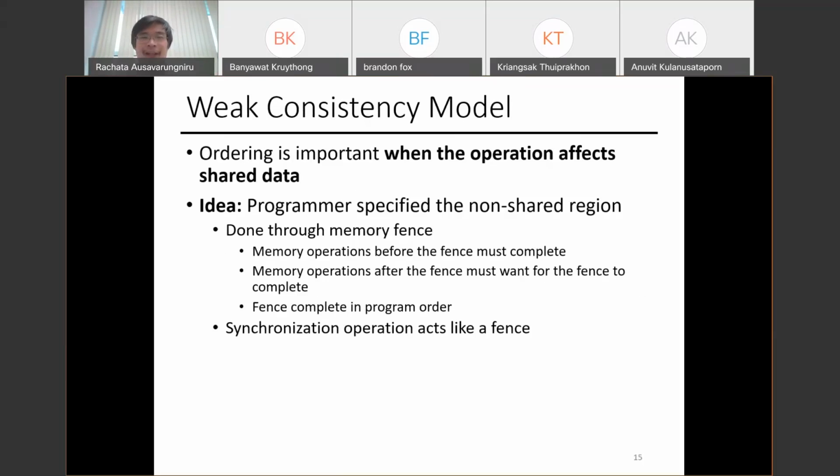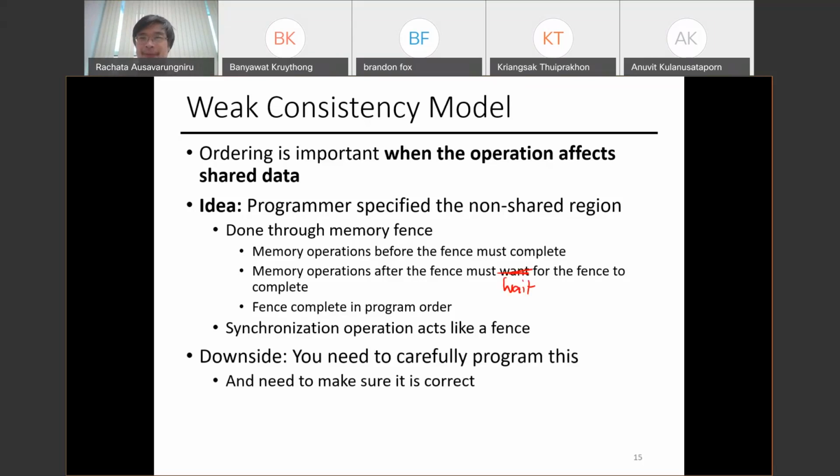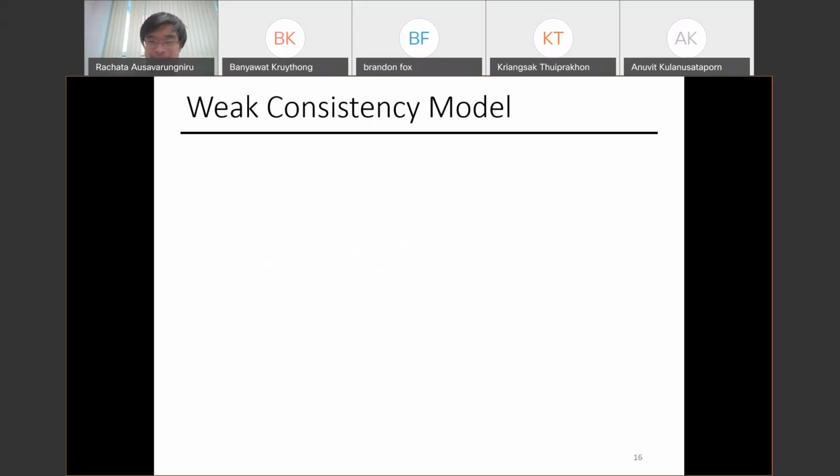Memory operations before the fence must complete. Memory operations after the fence must wait for the fence to complete. And the fences are completed in program order. The downside is you have to program this carefully.